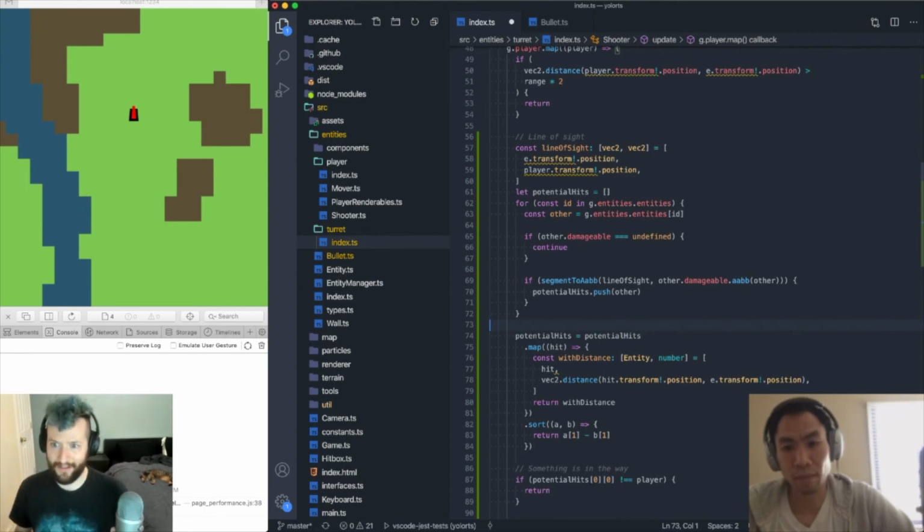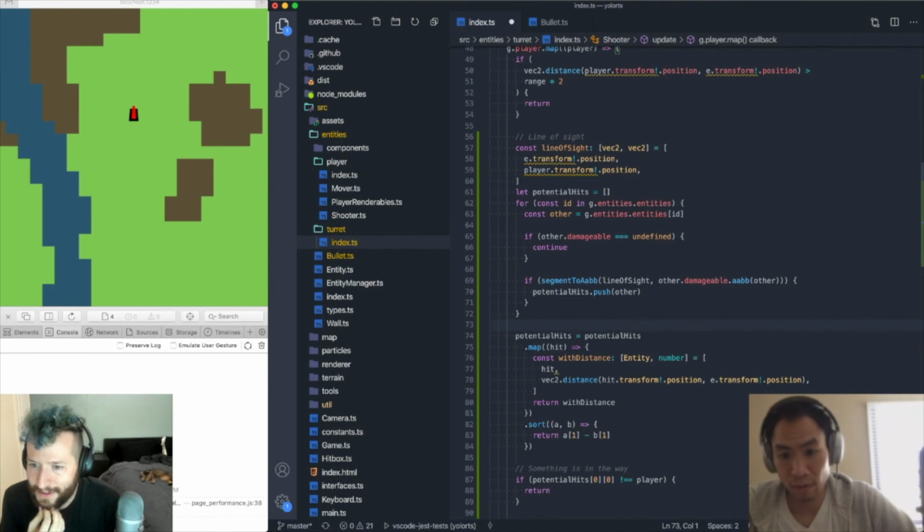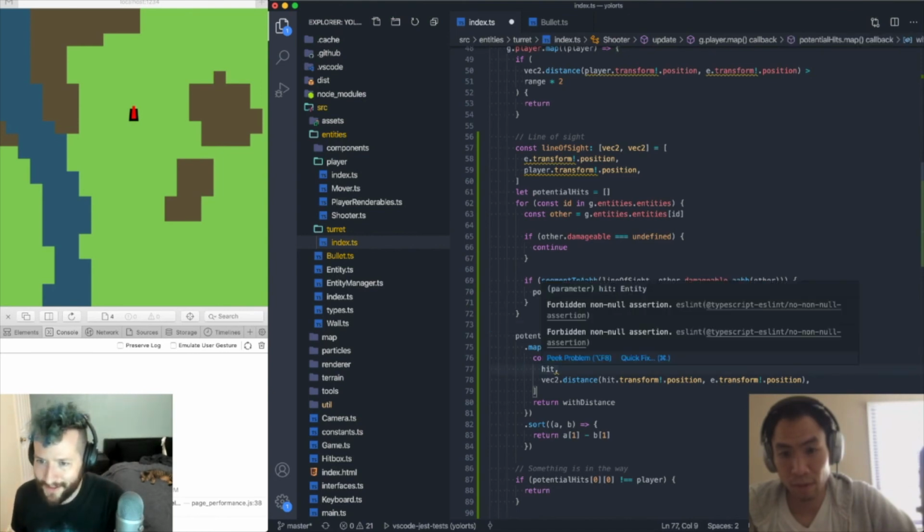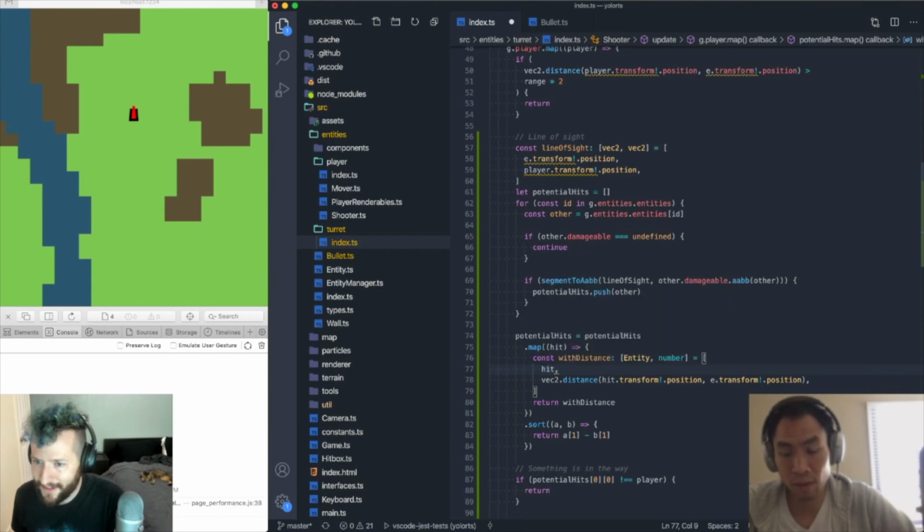That means potential hits is maybe nonsense. Did I do something stupid here? The distance from the position of our potential hit to E, which is us.